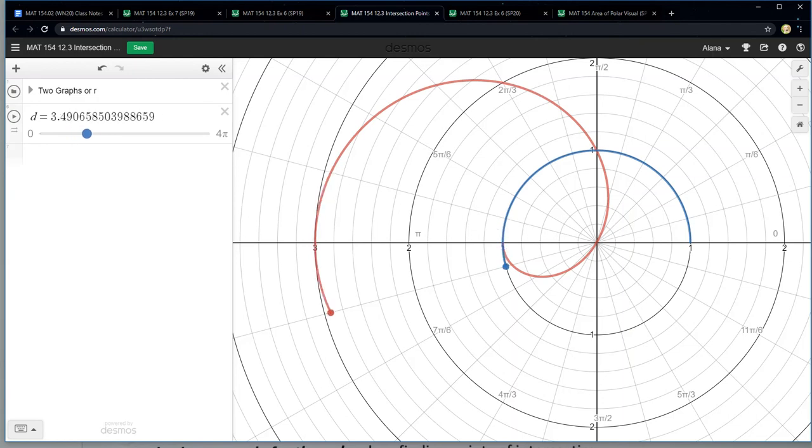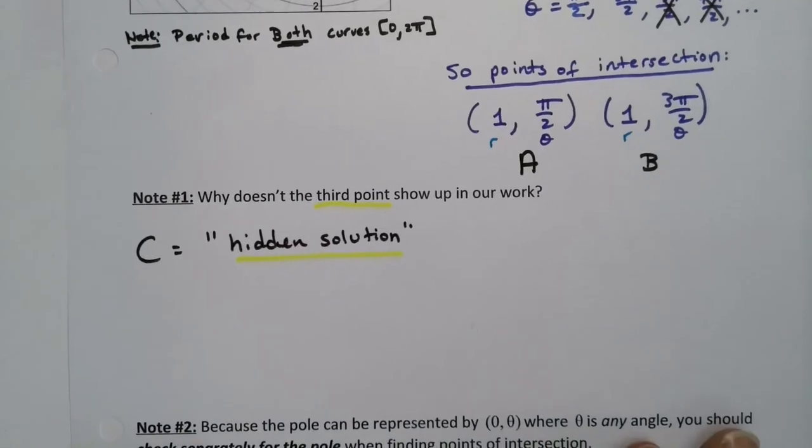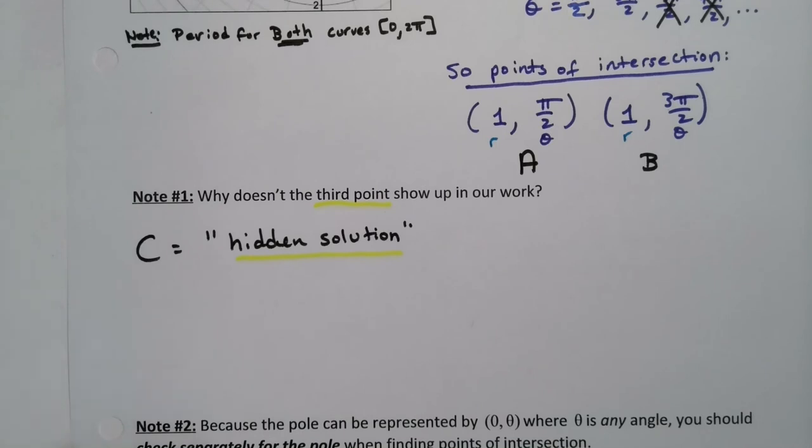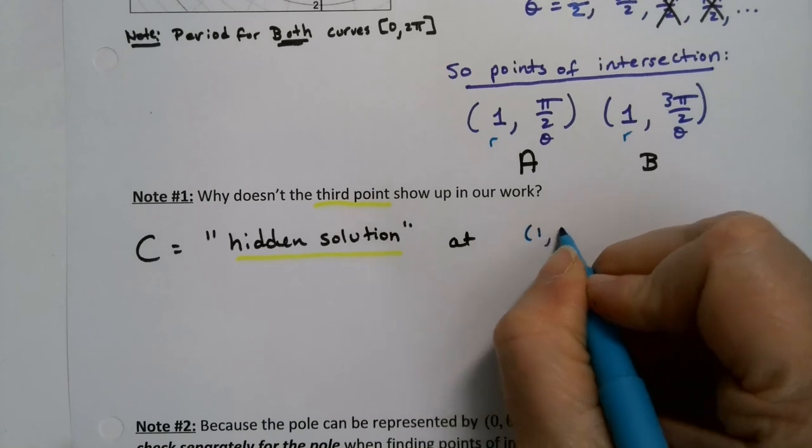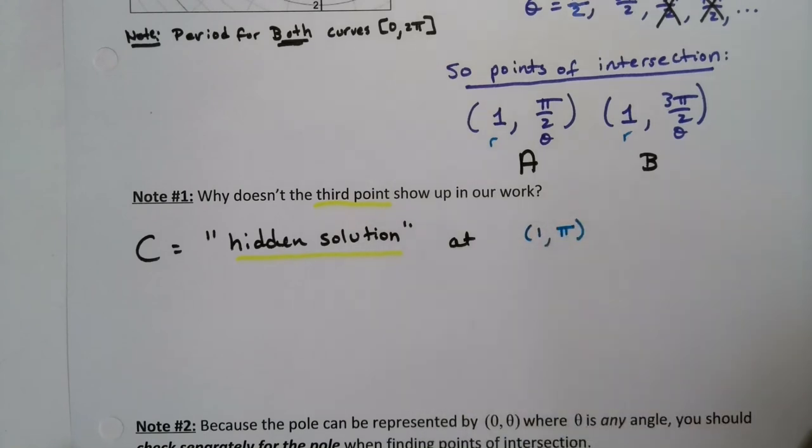But then if I keep going, right there, at 3 pi over 2, both the dots intersect. And that's why the analytic method finds that one. And then it goes back, and there we have it. So we could say that it's a hidden solution, and it's at 1 comma pi for g of theta.